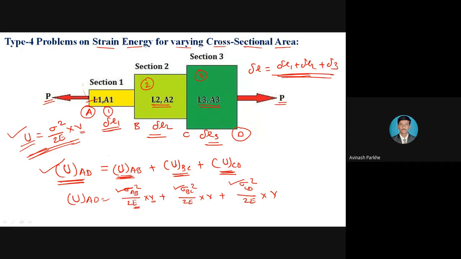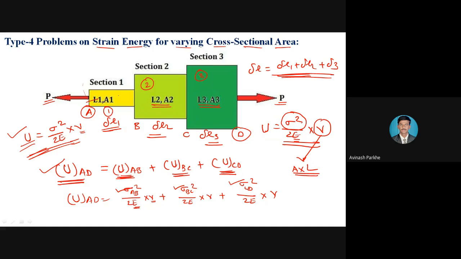To calculate the strain energy, we have the common formula: U is equal to sigma square upon 2E into volume. So we have to calculate the separate stress induced in each section. Young's modulus will remain the same because all the sections are made of the same material. The volume can be calculated using the area of that section multiplied by its length. Sigma means the stress induced in each section.